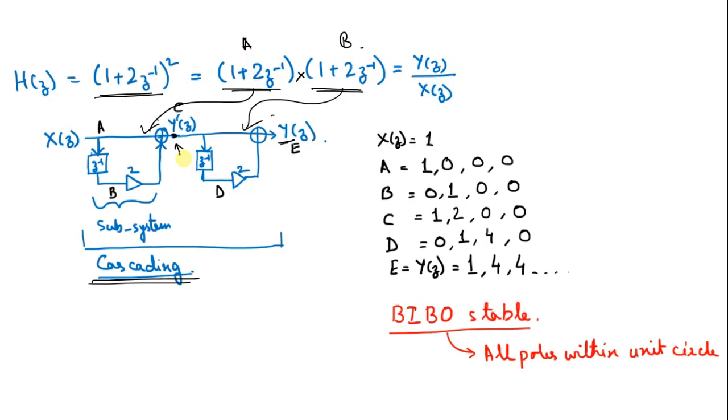Now if you try to put the input-output relationship, and if you give this impulse input where a is equal to 1 0 0 0, then our a b c d e, this should be 2. There is a mistake over here, so this should be 2. And again if you try to find out, the output would be 1 4 4. The same way.